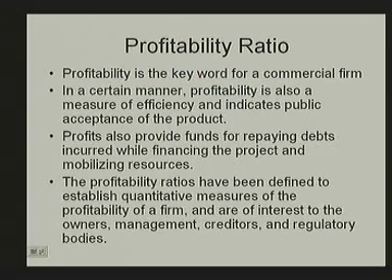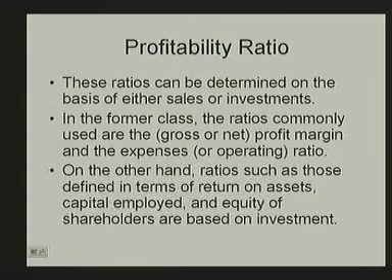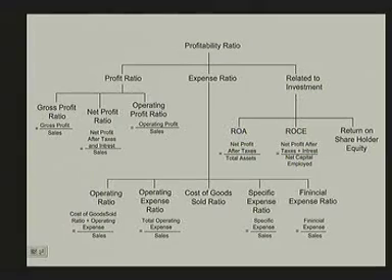Now, the profitability ratios have been defined to establish quantitative measures of the profitability of a firm, and definitely are of interest to the owners, the management, the creditors, as well as regulatory bodies. Now, these ratios can be determined on the basis of either the sales or the investments. There are different profitability ratios classified under profit ratio, expense ratio, as well as those related to investment.